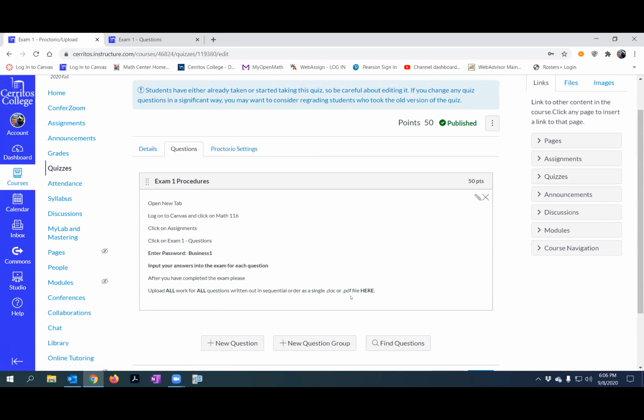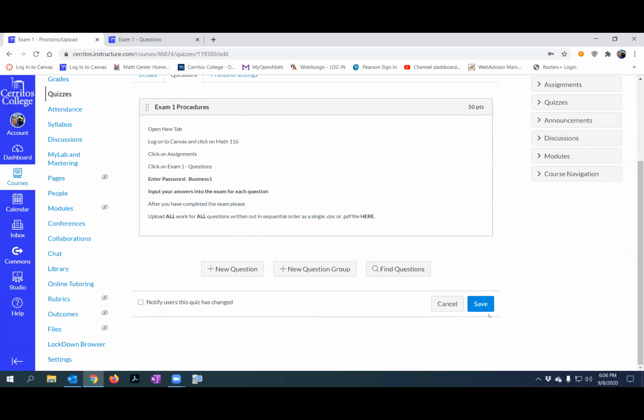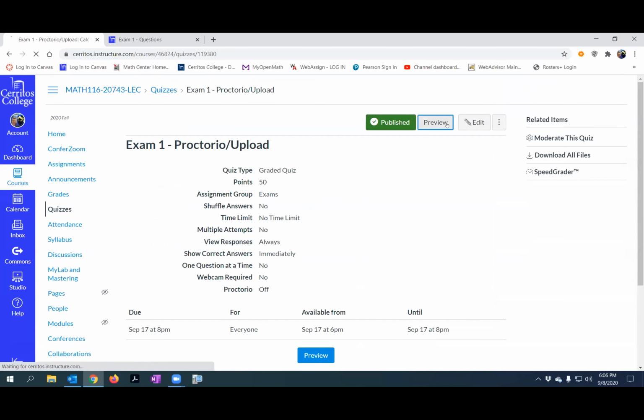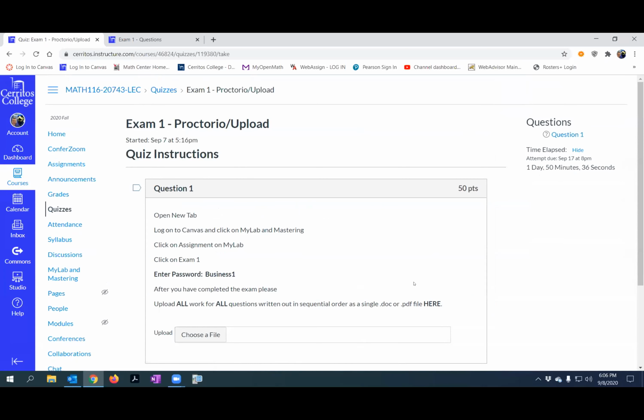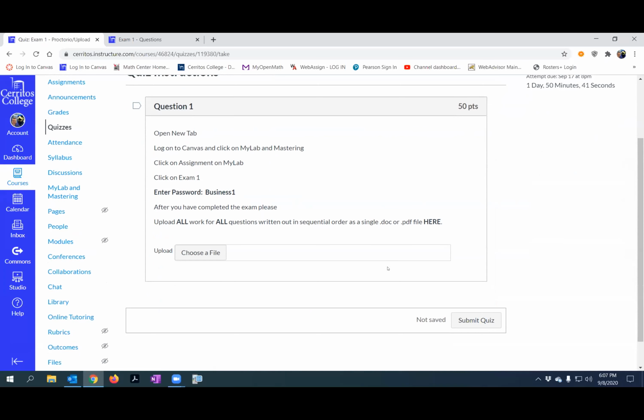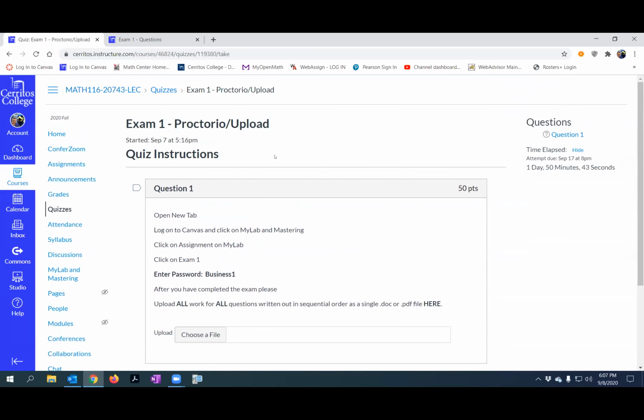I already edited it, so why is it showing up with the old stuff? Save. If I preview it, it goes back to the old one. What is wrong with this thing? It's kind of weird.